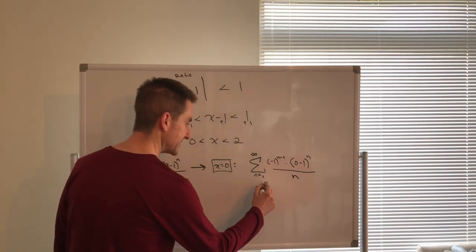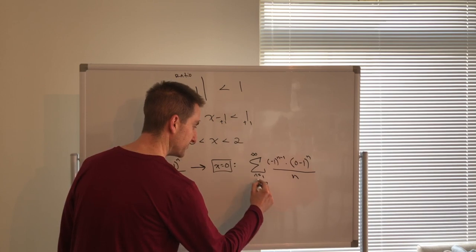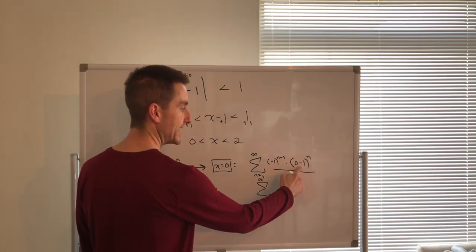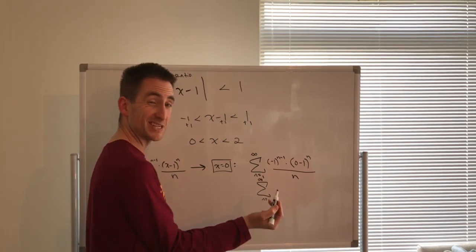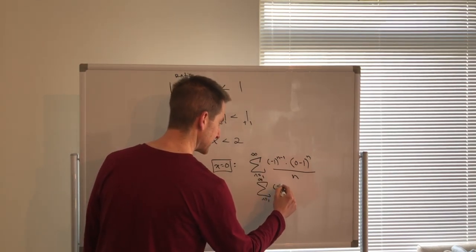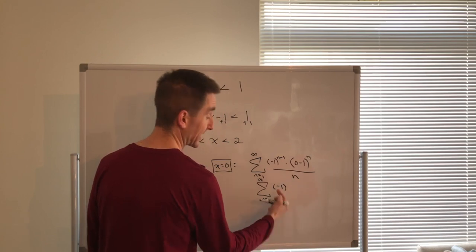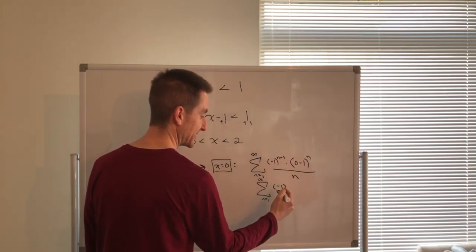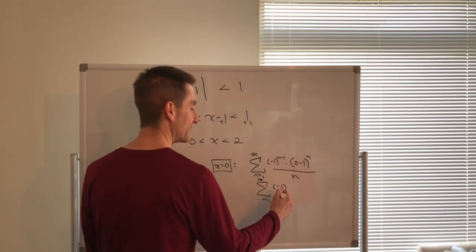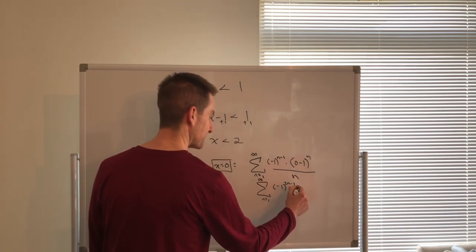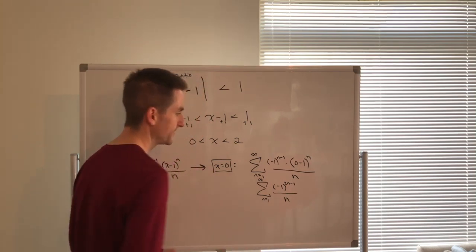And then this becomes the series from 1 to infinity of -1 to the n times -1 to the n minus 1. I can add the exponents because I'm multiplying terms with the same base. Be precise in my mathematical vocab. So I've got -1 to the 2n minus 1 all over n.